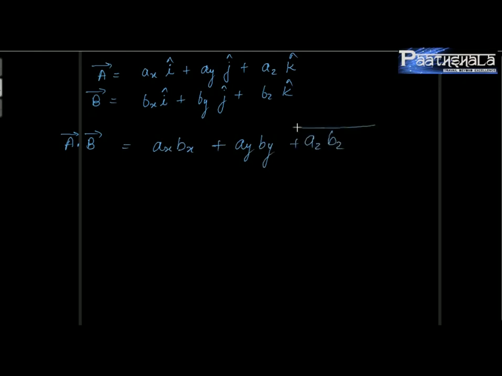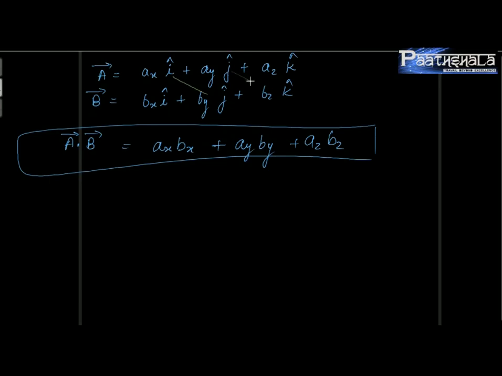The reason for that is simply the fact that i dot i is equal to 1, j dot j is equal to 1, k dot k is equal to 1, and i dot j is equal to 0. All the cross terms turn out to be 0, and all the terms that involve unit vectors dotting with themselves come out to be 1.